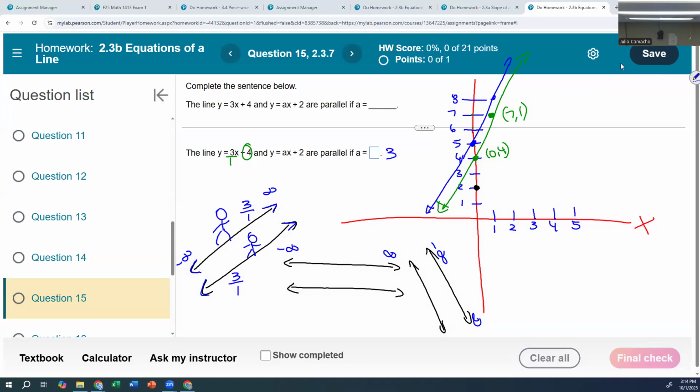That will be the two parallel lines. So you can see when you have two parallel lines, your y-intercept is different because the lines are crossing the y-axis in two different places, but the slope will be always the same when the lines are parallel.